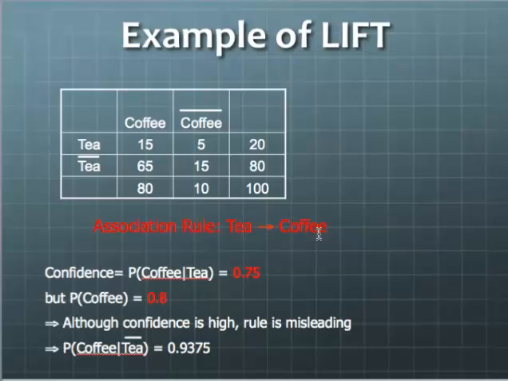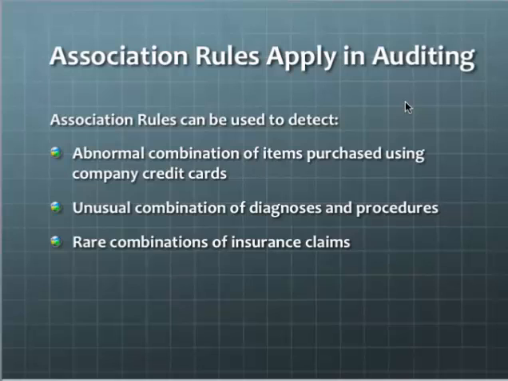Okay, let's see how association rules can be used in auditing. As auditors, we need to understand the client's data first. So auditors can use association rules to recognize patterns in the client's data. But auditors are not that interested in the frequent or normal patterns in the dataset.